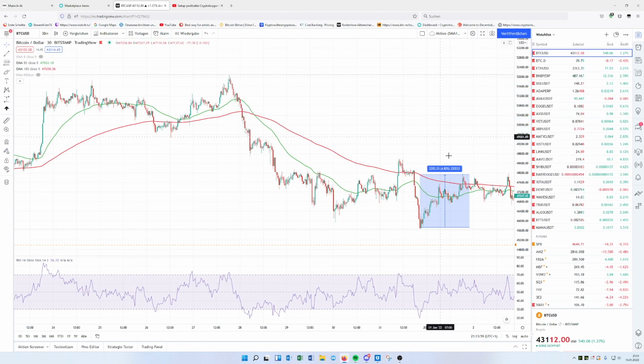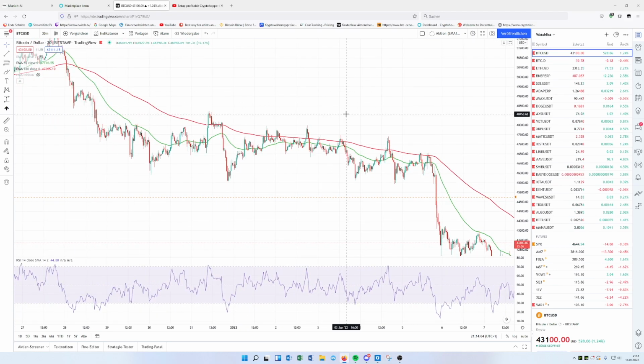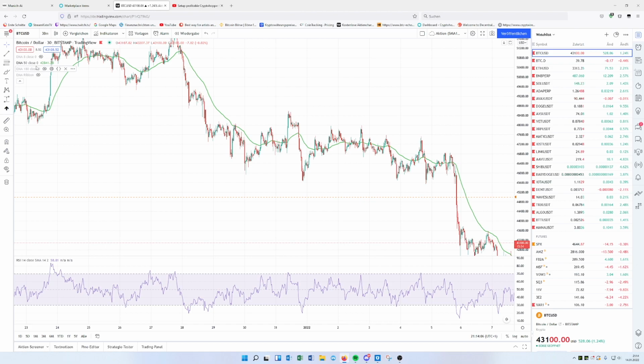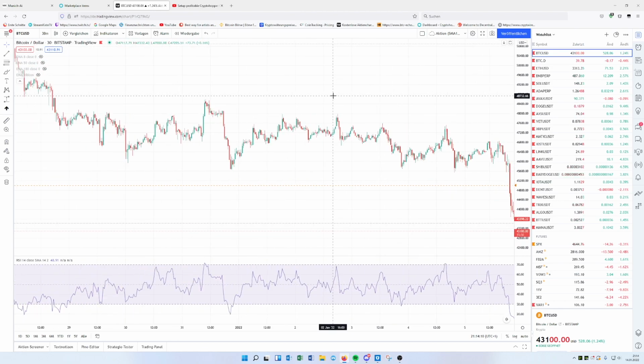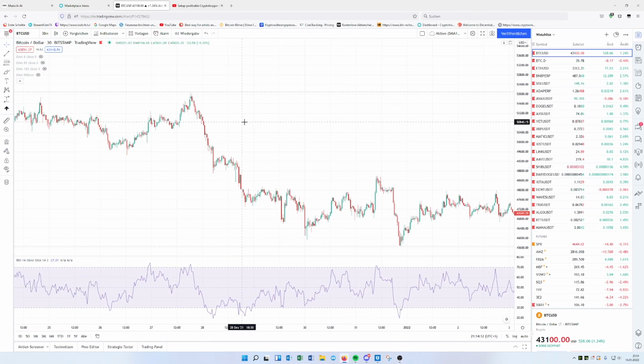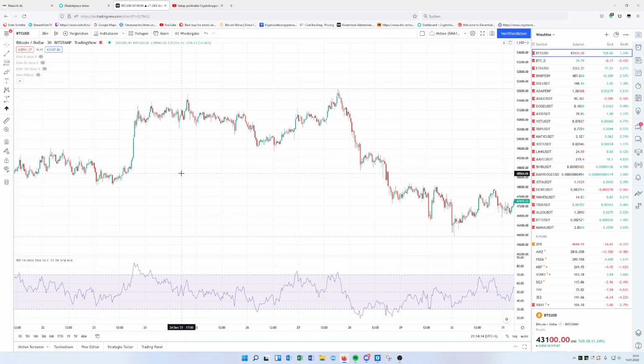So pretty easy, right? So that's basically everything for now, just a really short explanation. Maybe you can try it out by yourself with the RSI indicator or with the EMAs.